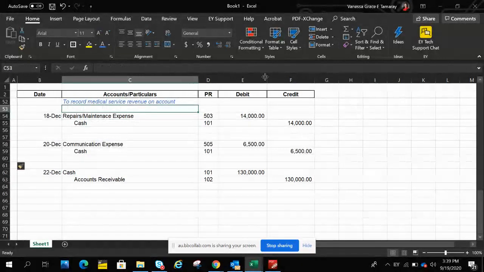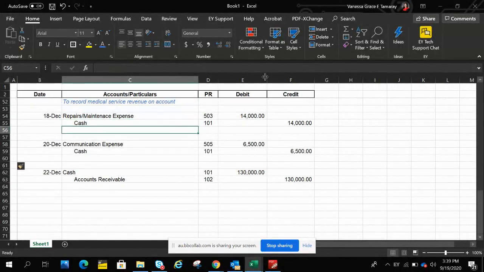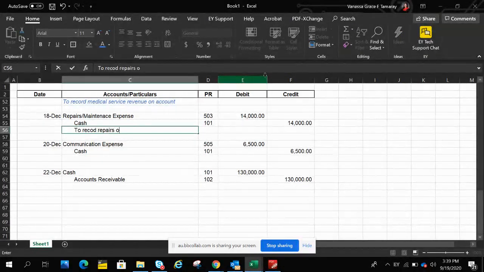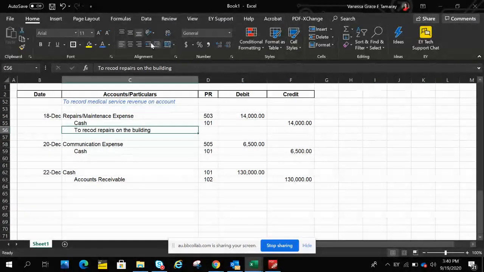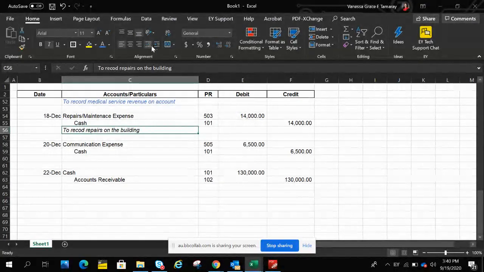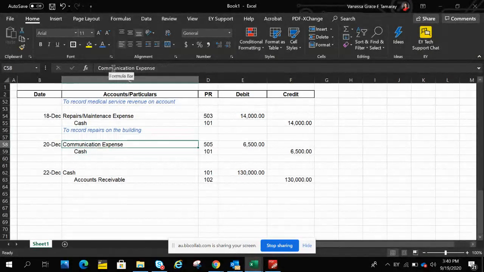To record repairs on the building. And then repairs on the building.